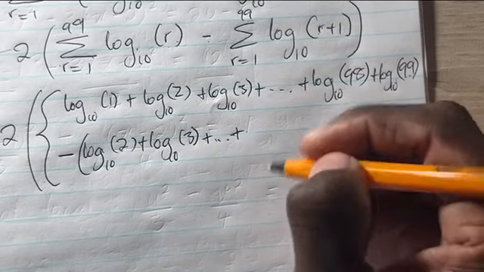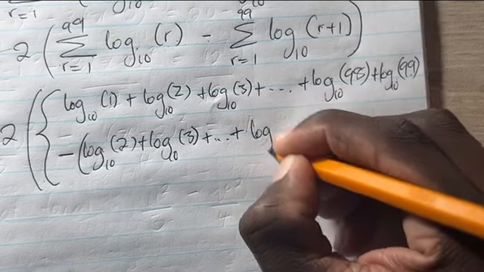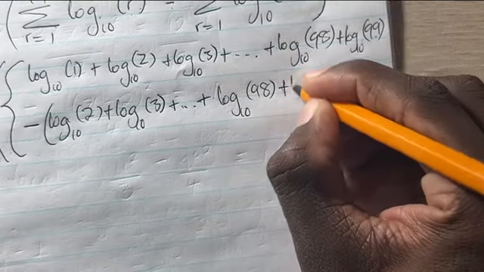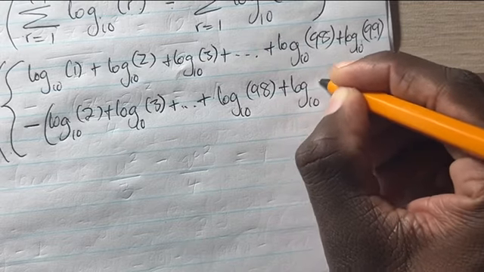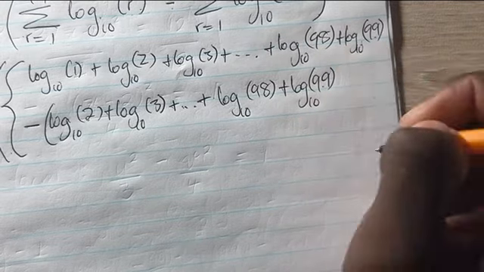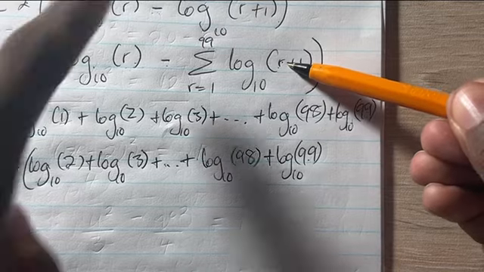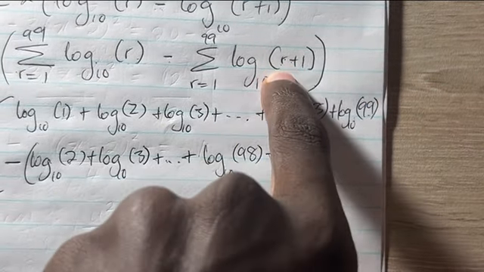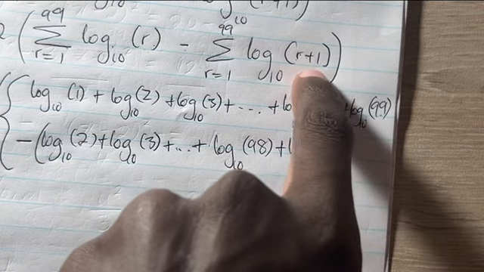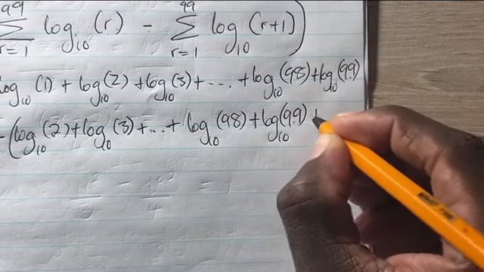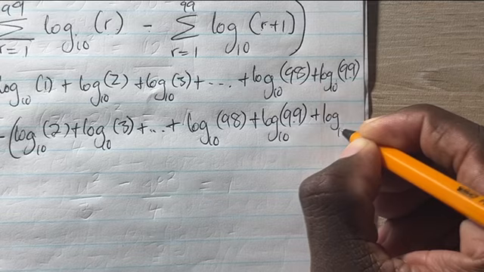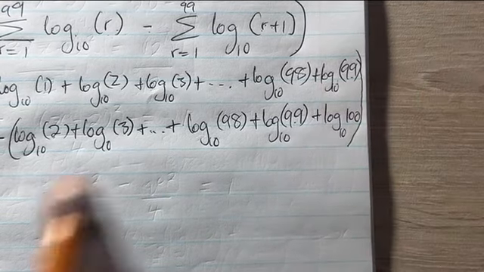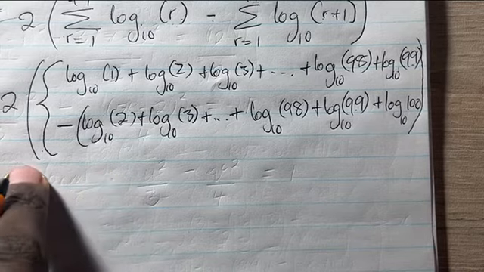Plus, close to the end, you're going to have a log base 10 of 98, plus a log base 10 of 99. The last term, where r is 99: if you put r is 99 here, you get 100 as your answer, because 99 plus 1 is 100. So let's write that last term, log base 10 of 100. Right, so this is what we have for this guy.